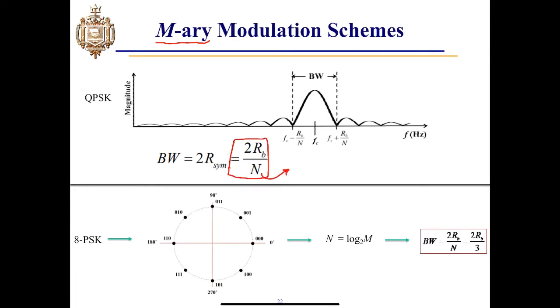If you remember, n is the number of bits per symbol. This is a very powerful way to modulate signals, because notice if we just stuck with 1 bit per symbol, let's say n is equal to 1, our bandwidth was 2 times the bit rate.